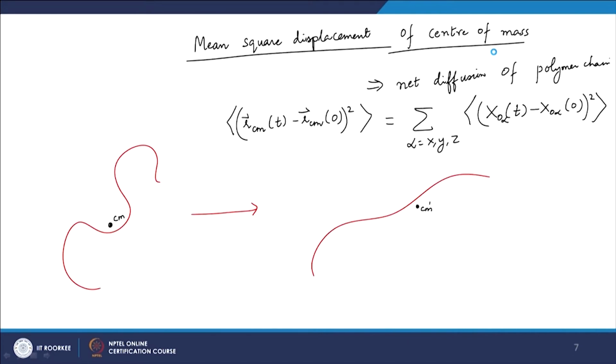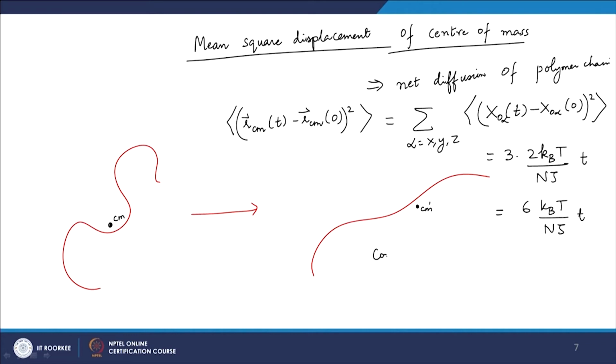So, using this, what I can get here is this term is simply equal to 3 multiplied, because it will be the same for all x, y, z, 2 kBT by zeta_0, which is N zeta, t, that is 6 kBT by N zeta t.